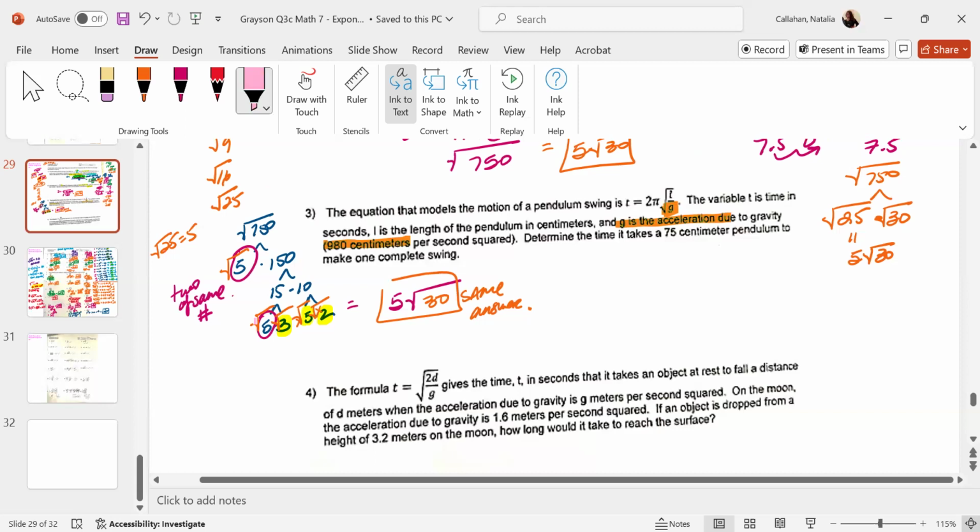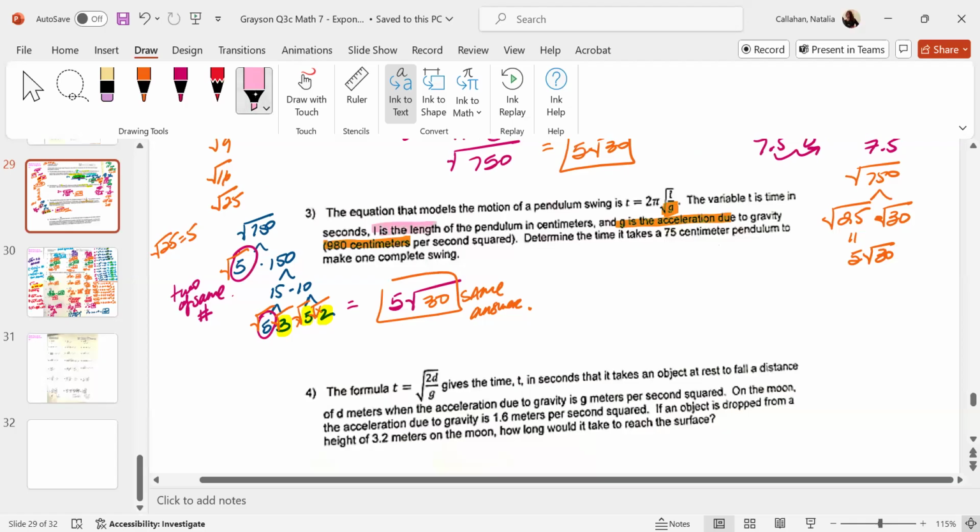Shouldn't that be 980 is G, right? I think so. G is acceleration due to gravity, which is 980 centimeters, right? L is the length of the pendulum in centimeters.